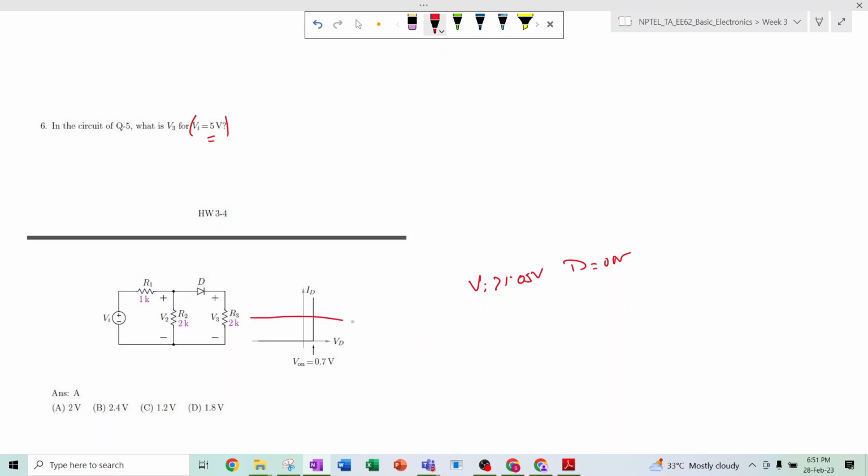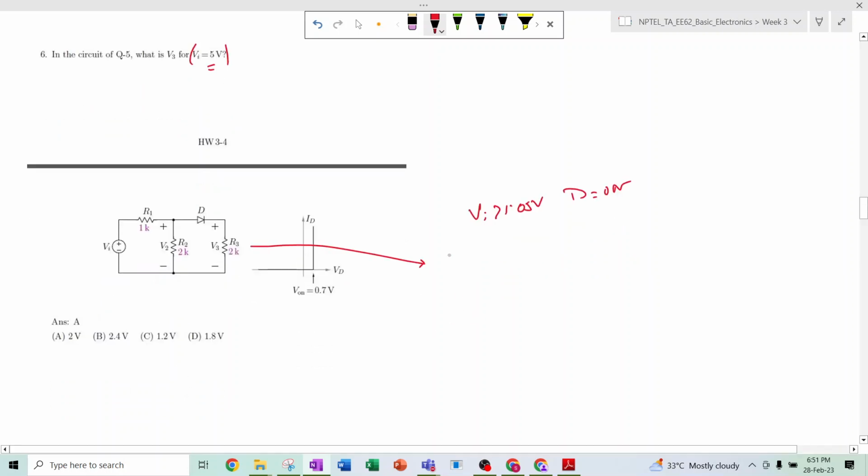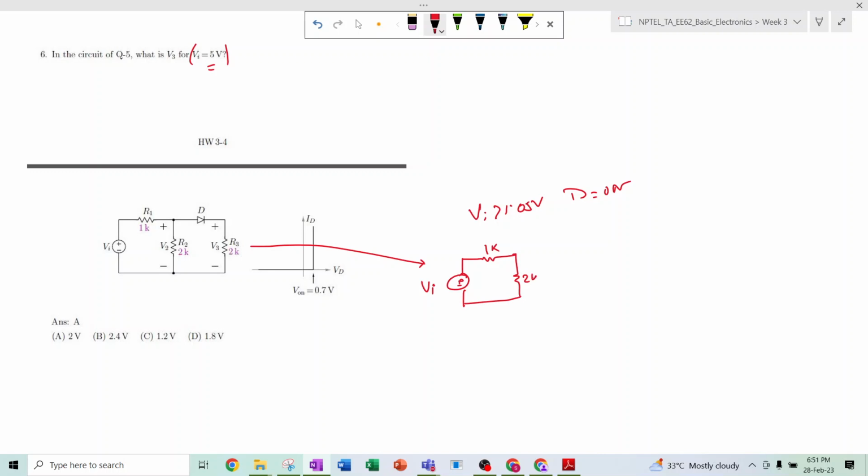with its equivalent model, right? So this circuit can be redrawn as, this is the Vi, this is 1k, this is 2k, right? And here the diode will be replaced by its equivalent model, which is 0.7 volt plus minus, and here it is another 2k, right?